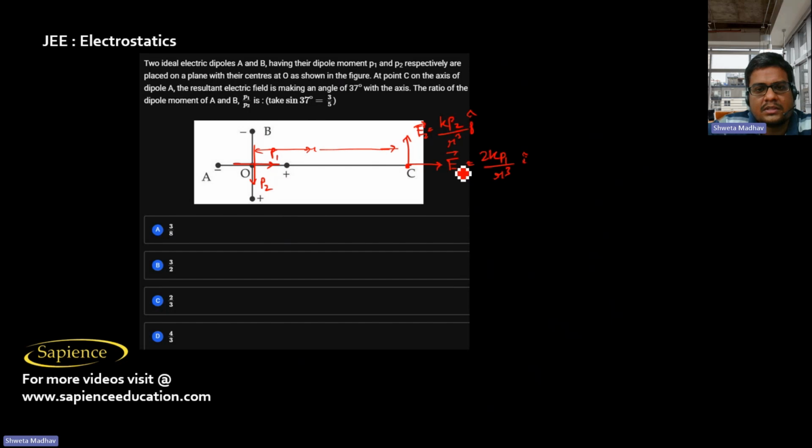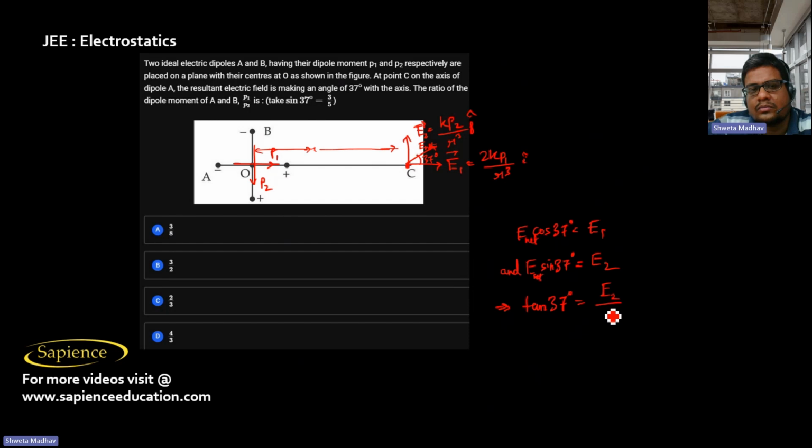So therefore the resultant, that is E net, is making an angle 37 degree with the axis. So it means E net cos 37 is equal to E1, and E net sine 37 is equal to E2. Therefore tan 37 is equal to E2 by E1.